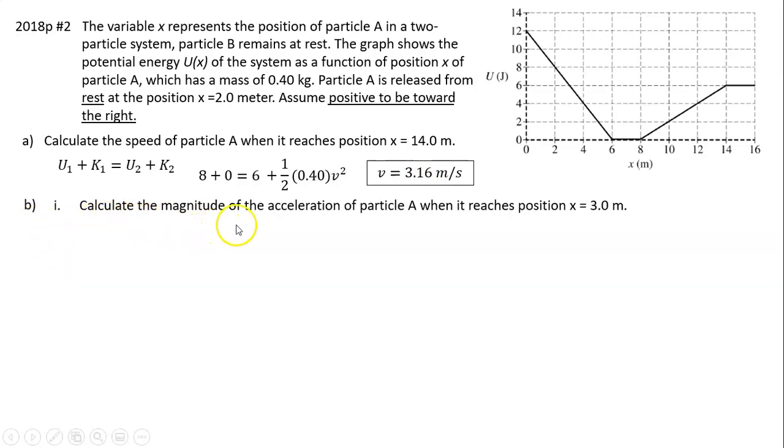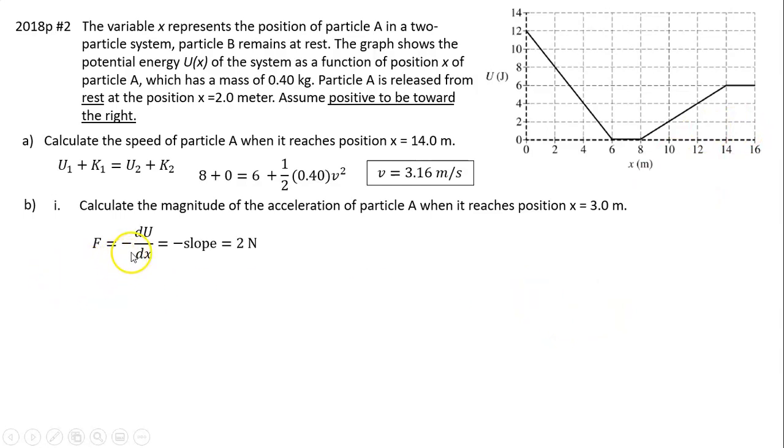Part B1. Calculate the magnitude of acceleration of particle A when it reaches position x equals 3. x equals 3 is right over here. So what is the acceleration? Here is the U(x) graph. From the U(x) graph we can find force.